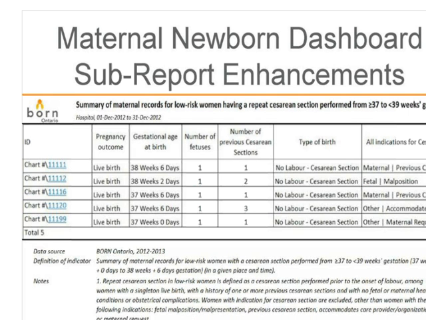And the last part is that women with indications for cesarean section are excluded, so any indication, they're excluded, other than women with the following indications: fetal malposition, malpresentation, which I've shown you in the example above, previous cesarean section, accommodates care provider, organization, or maternal request. So for any of those indications for C-sections, if those are the sole indicative reasons, then these records are going to be captured for this indicator.